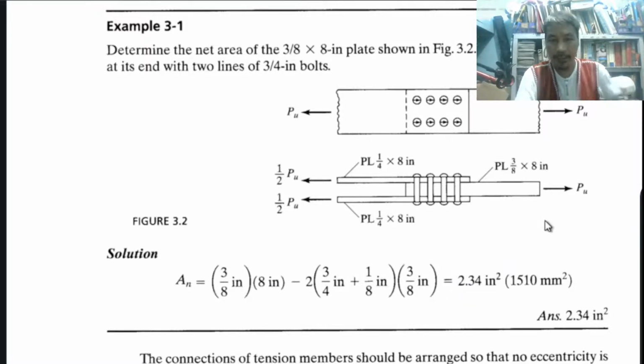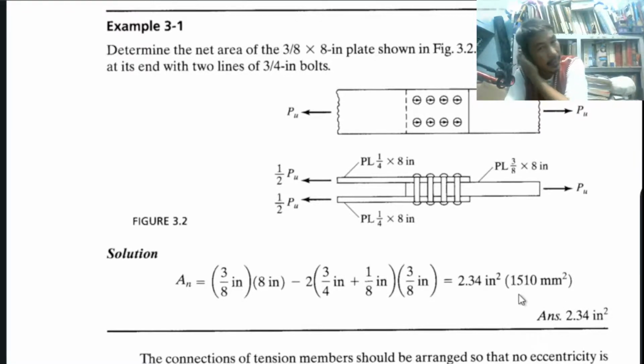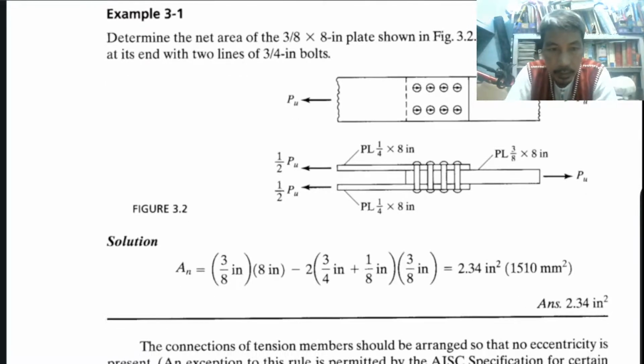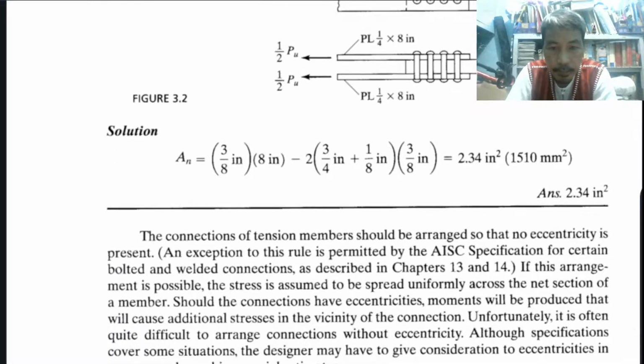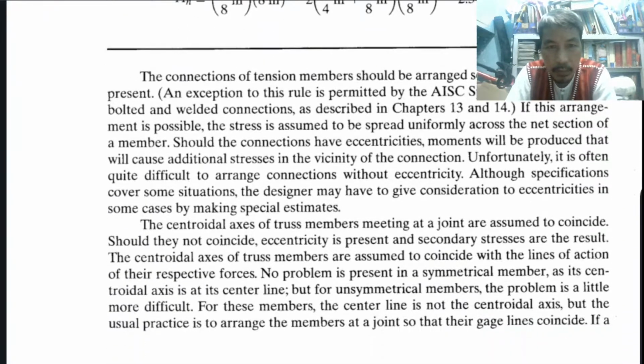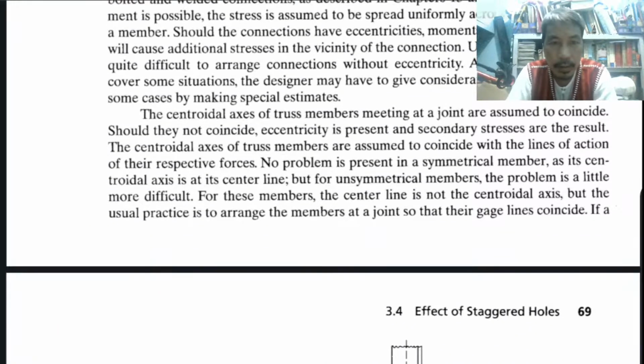That is the net area. So the answer now is 2.34 square inches of net area. Any question from that example?